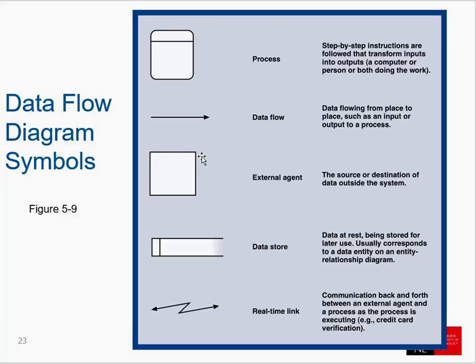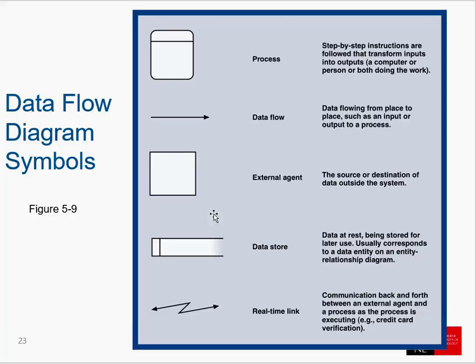An external agent is any person or organization outside the system boundary. So always remember, the external agent is always outside the system boundary, and supplies data inputs or accepts data outputs from our system. It can be a person, another system, or another organization, depending on the system you are going to model. So the external agent is always a source or a destination of data outside the system.